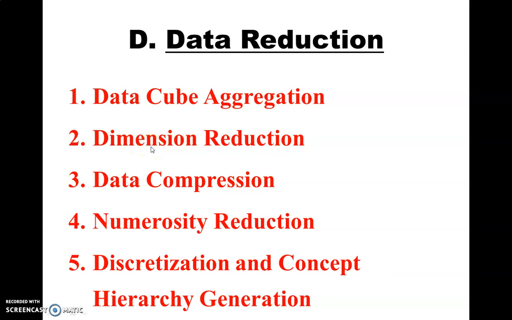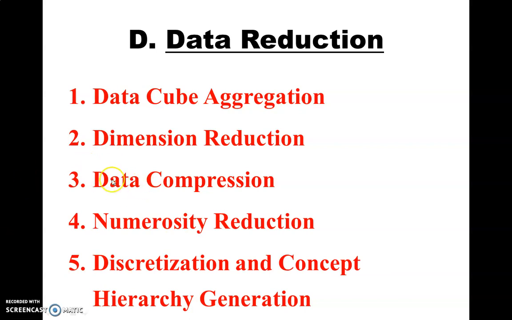The third strategy is data compression. Data reduction means you are reducing to a smaller volume, so all these methods either remove attributes or compress them.